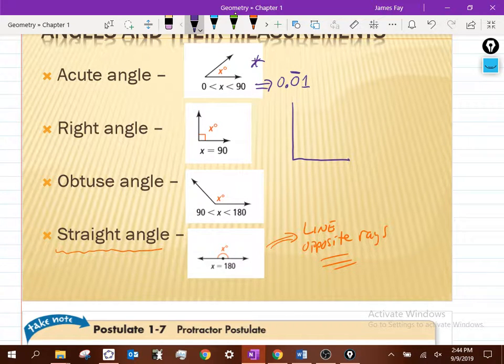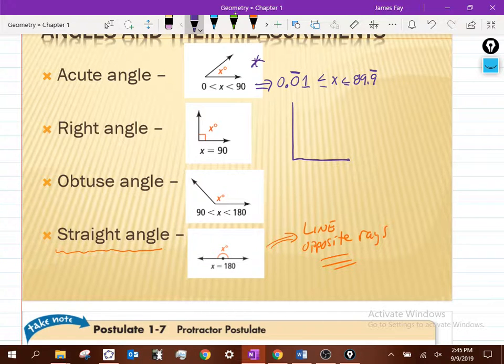That would be the first angle included. And the last angle I would include would be 89.9, repeating, and that would be the last angle included in that.